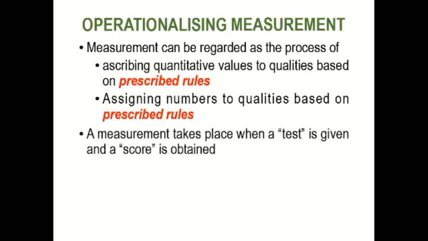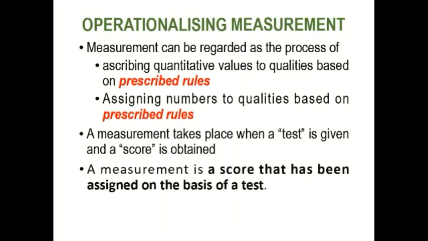So, when a test is given and a score is obtained, measurement is taking place. The test solicits for response. The score now gives a quantitative value, a number, to the quality of achievement, as an example. The measurement is taking place.